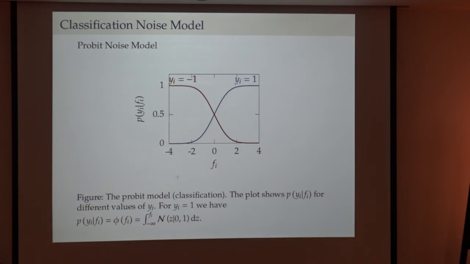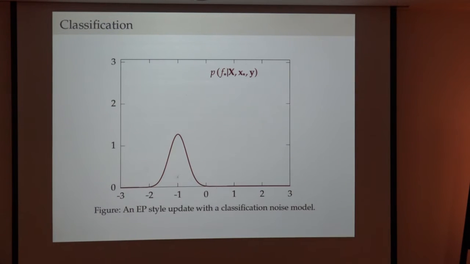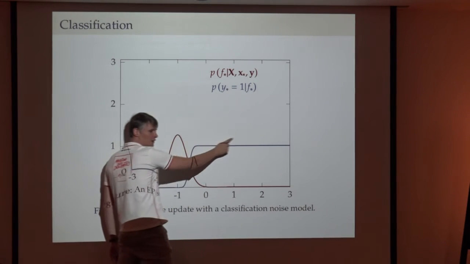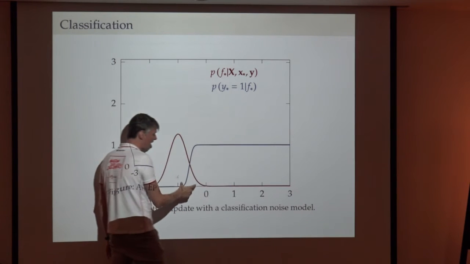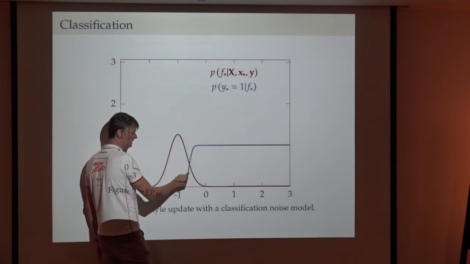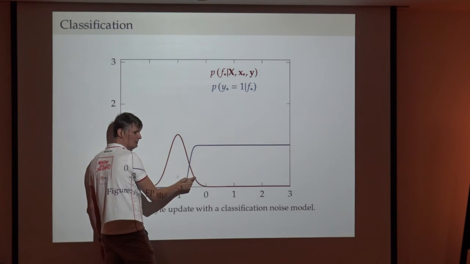So going back to our observation of what happens before, if we have a binary observation instead of a Gaussian observation, what we get in this space here, instead of that Gaussian thing here, we get a probit function. And now, the result of applying Bayes' rule is to take the product of this function and this distribution.